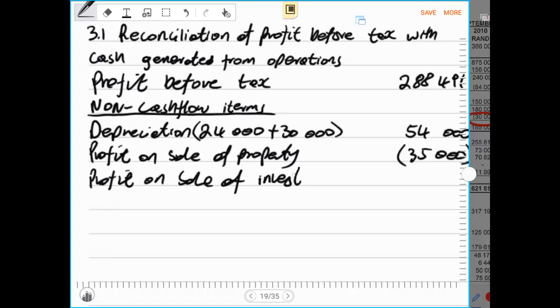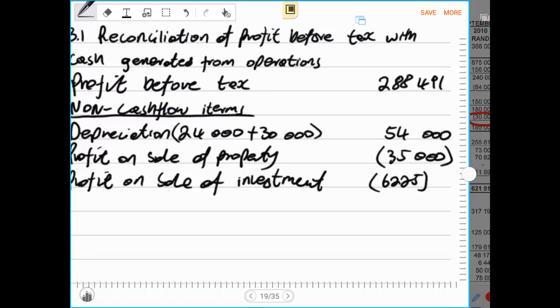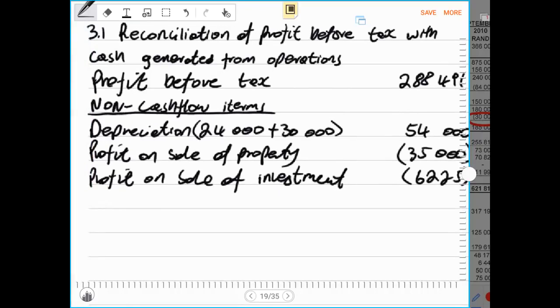The profit on the sale of investment amounted to 6,225, and that must also be negative, because in the income statement profit was recorded as an increase in profit, or increased our profit before tax, which is 6,225. So now we are reversing that profit, then it must be recorded as negative.